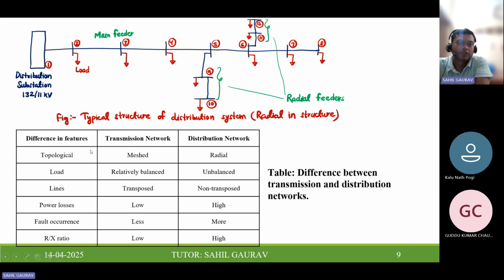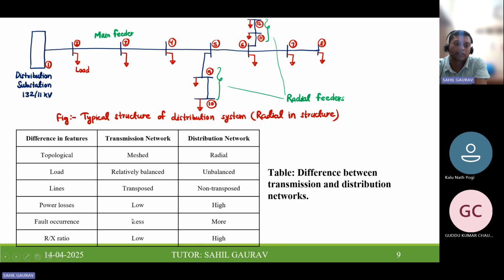So coming to the difference between transmission network and distribution network. The first major difference is that a transmission network is of mesh type, while a distribution network is of radial type. On the transmission side, load is relatively balanced, while in the distribution network the load is unbalanced due to single phase loads. Transmission network is of transposed type, while distribution network is of non-transposed type.